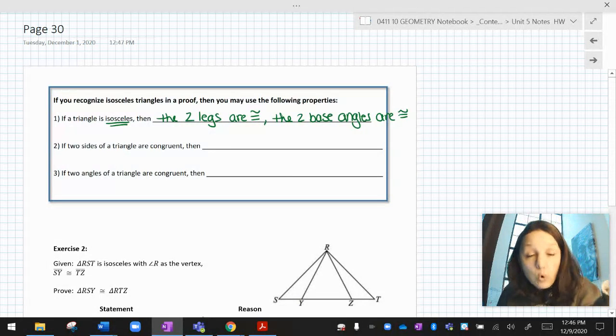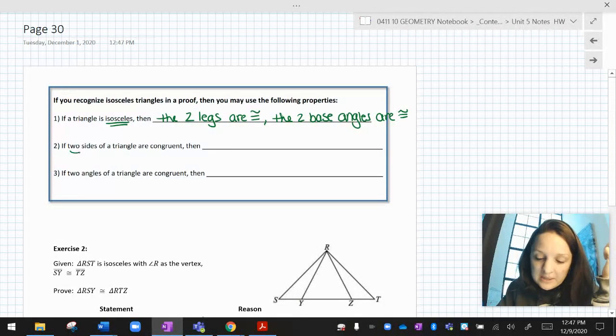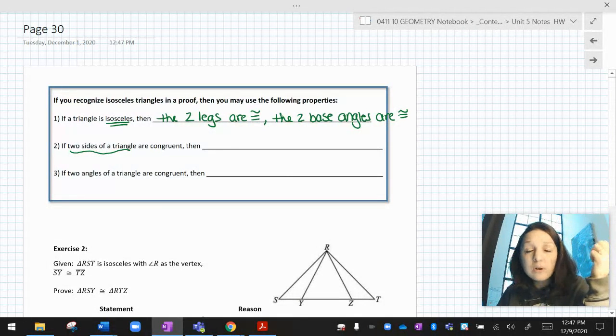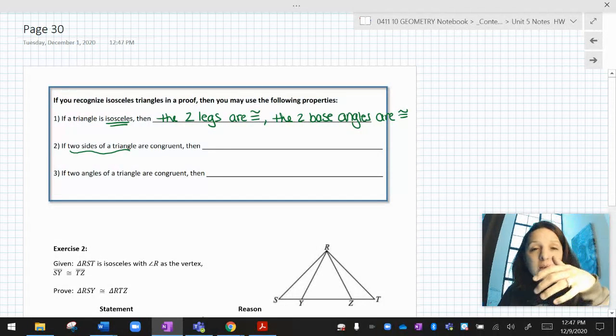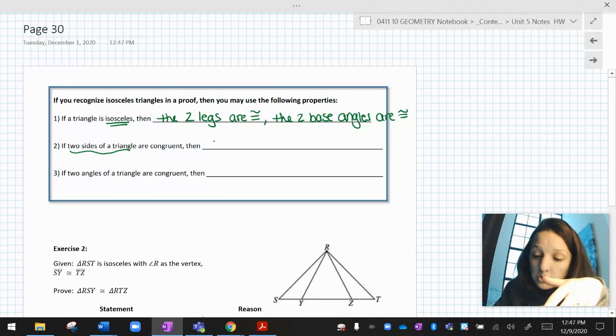If they say the word isosceles, then you can say those other things. If they never use the word isosceles, but they did tell you that two sides of a triangle are congruent, once you notice that two sides are congruent within one single triangle, you know it's isosceles, which means also the two base angles would have to be equal.